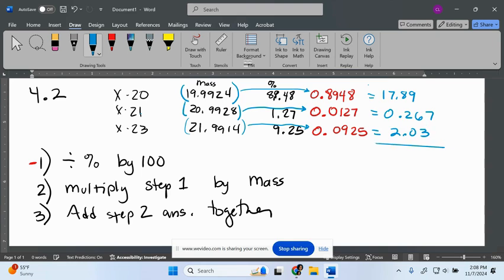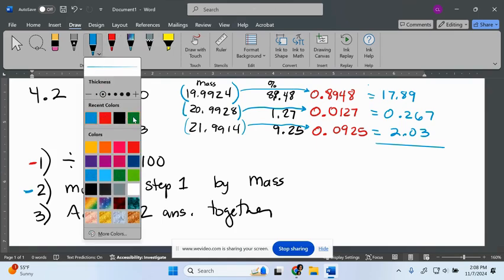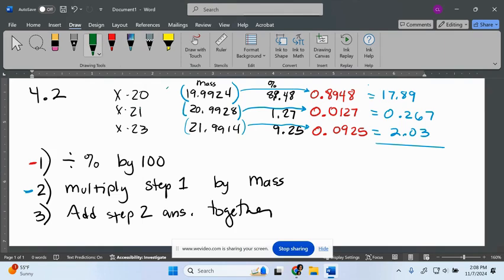So this was step 2. Then what do I do? Add them together. I'm going to add these 3 values together, and that ends up being 20.19. And I did that in green.